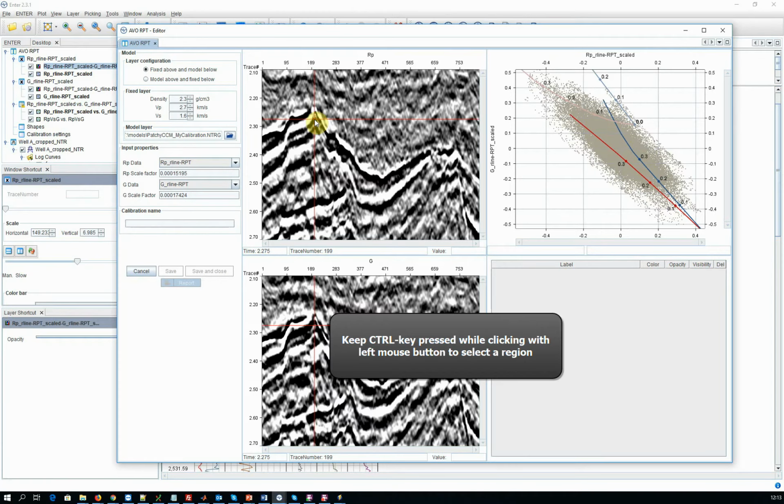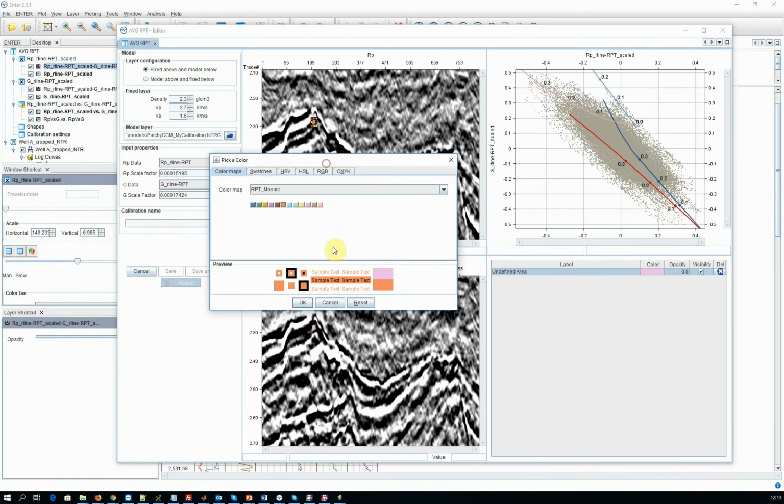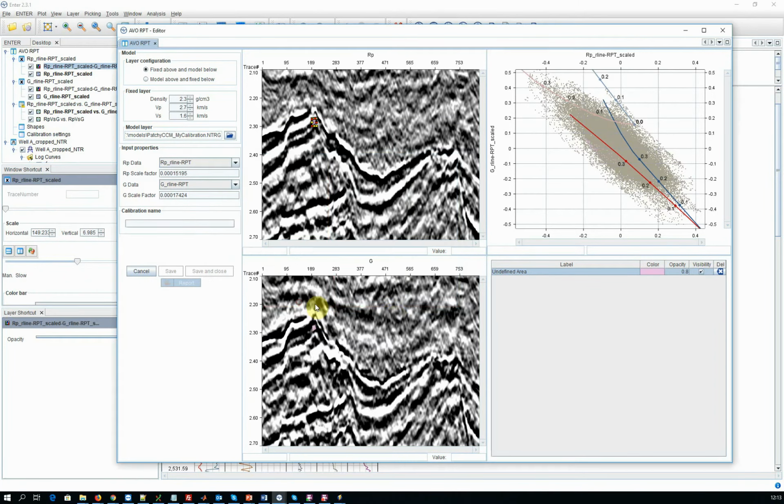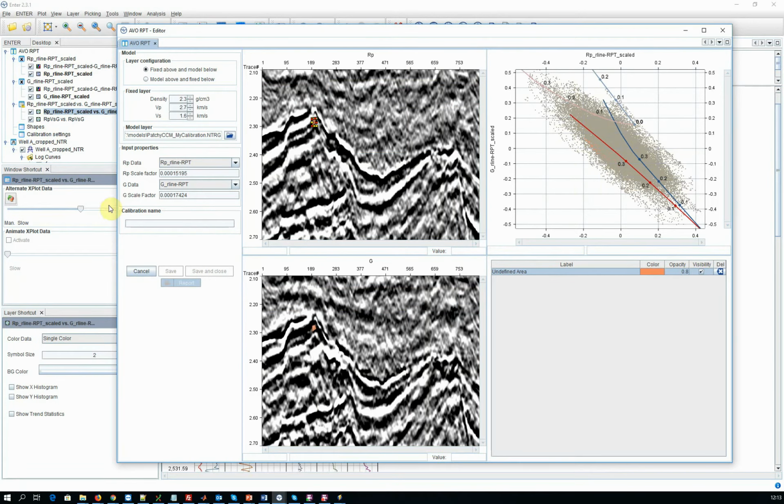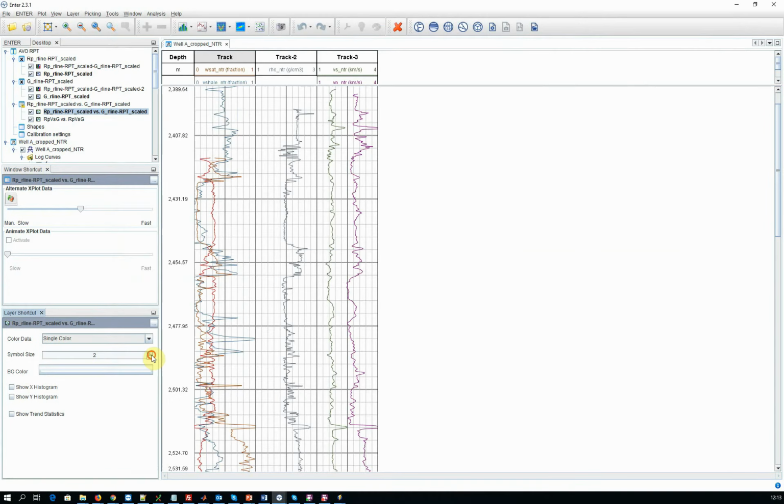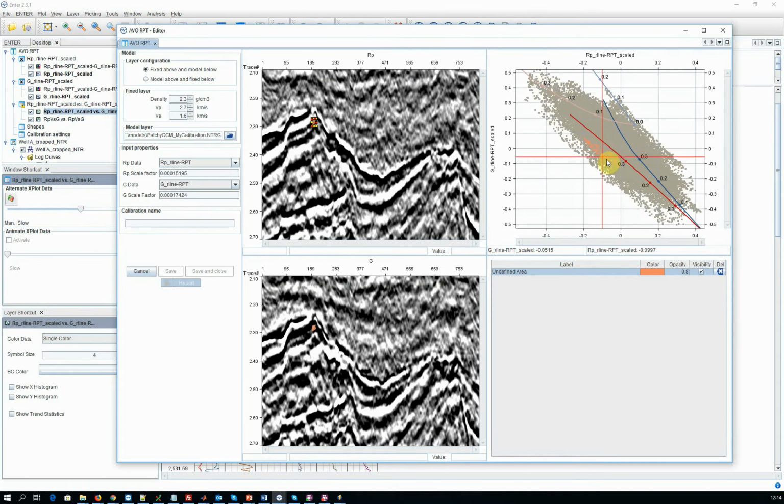So you can select regions in the seismic and they will show up in the crossplot. You can increase the point size here so they become a little bit more clear. And then we identify the second reservoir formation.